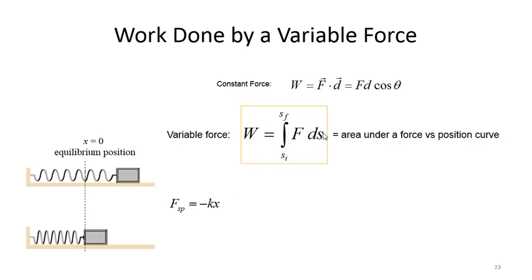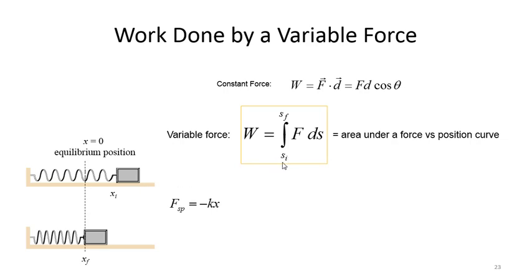Whenever you are taking the integral of something, you should be aware that if you plot this variable versus this variable, the integral represents the area under that graph. So if we had a force versus position graph, the work done by that force would be simply the area underneath that graph. Okay, so let's say we were doing this for a spring.